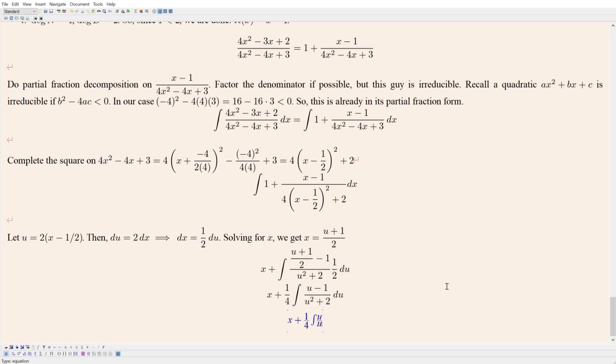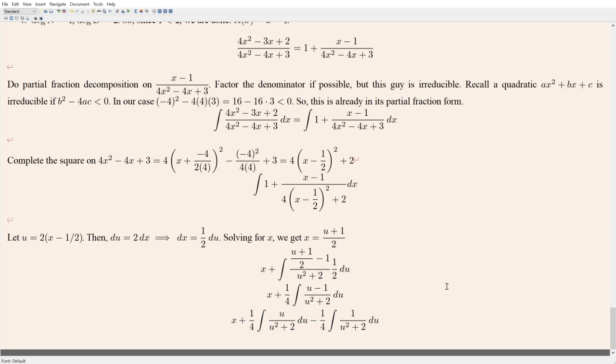So u over u squared plus 2 minus 1 over... And let me distribute that 1/4 in there as well, just so that I can avoid a possible mistake. Okay. So now I have split that into 2 pieces and distributed the 1/4.